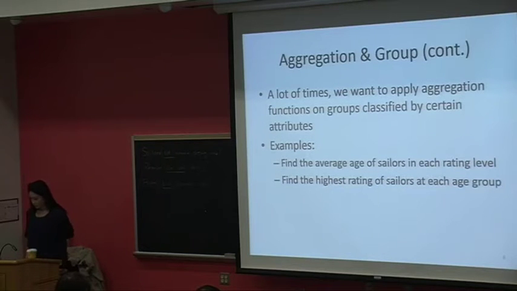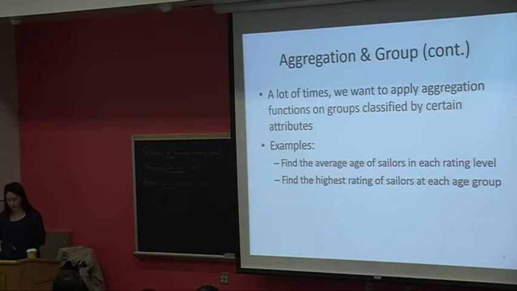So besides that, sometimes we want to do some grouping. For example, if we have some fields that we want to group the sellers by, say we want to find the average age of sellers in each rating level. We have different kinds of rating.